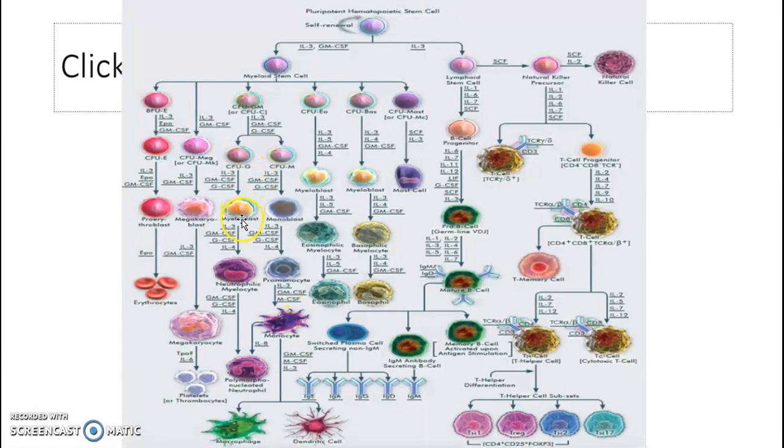From this line we have the polymorphonucleated neutrophil, and we have the other cells. Some are relevant and some are not relevant to the anticoagulation topic or anti-clotting.